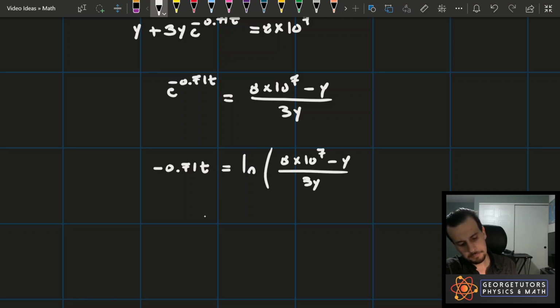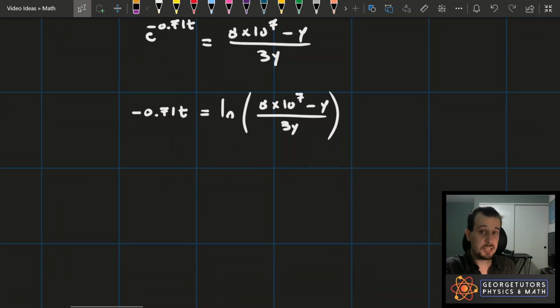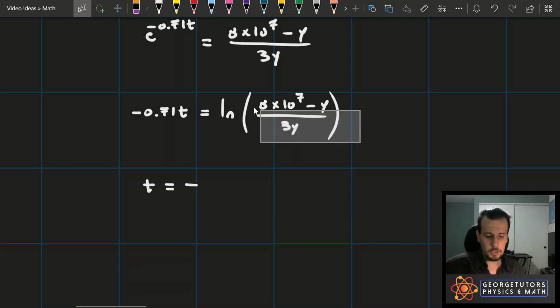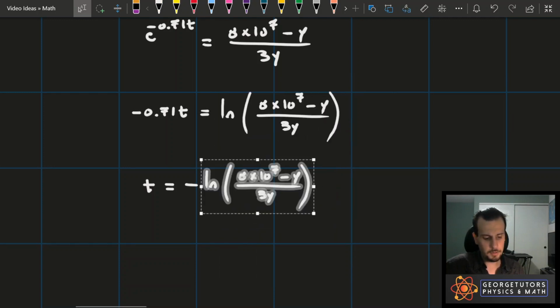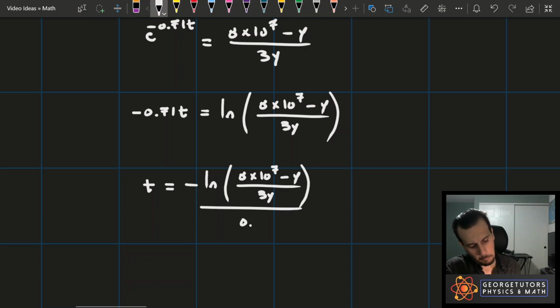All right. So at this stage, it's very easy to isolate for time. I just divide both sides by negative 0.71, which means on the right, I'm going to have negative the logarithm that you see here, divided by 0.71. Okay, so that's how I isolate for time.